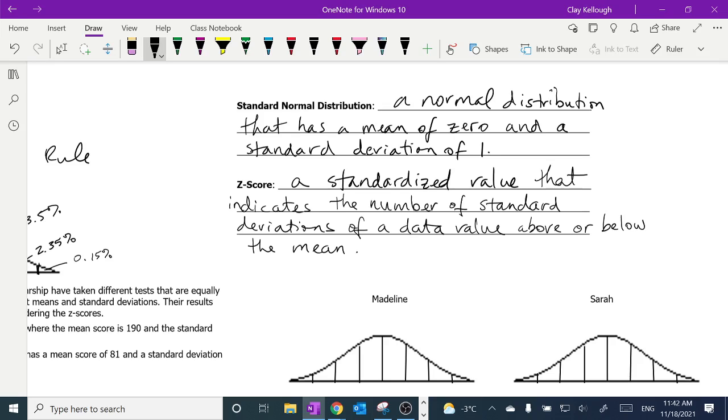So how many standard deviations are you?